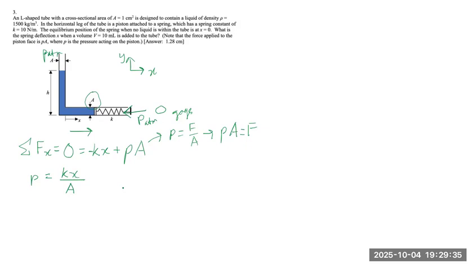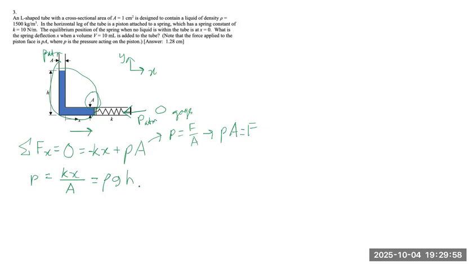So the gauge pressure acting on the piston is equal to the hydrostatic pressure caused by this column of water. And hydrostatic pressure is given by rho, the density of water, times gravity, times the height of the column.